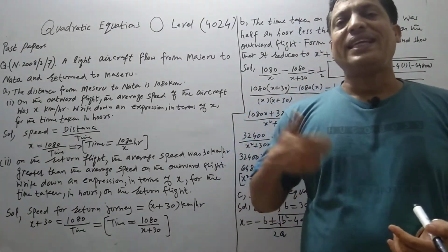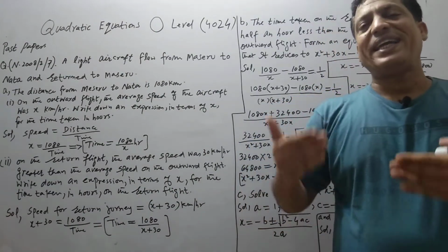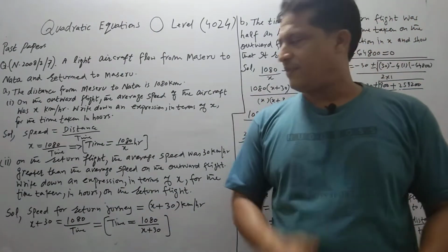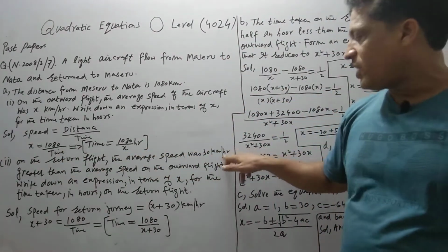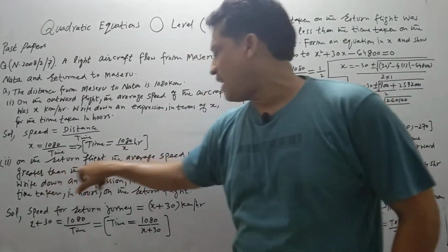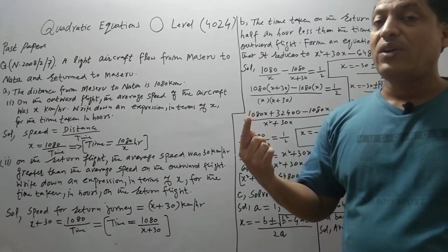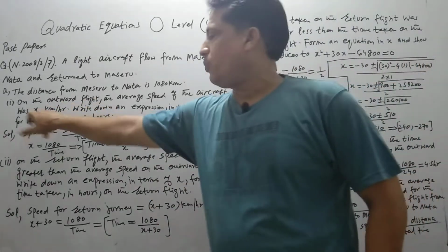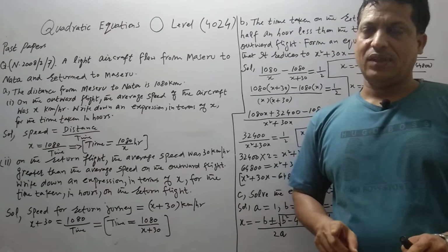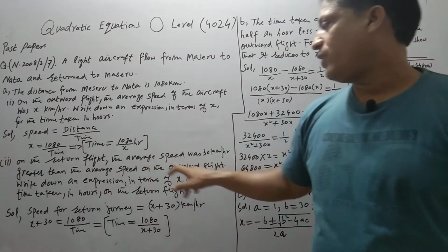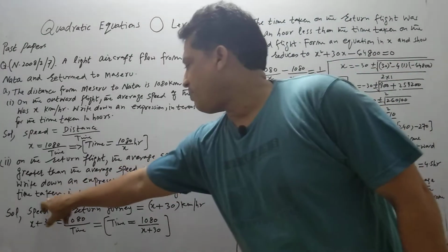When speed increases, time must be less, and when speed decreases, time must be more. The average speed of the outward flight was x kilometers per hour, so our new speed must be x plus 30.